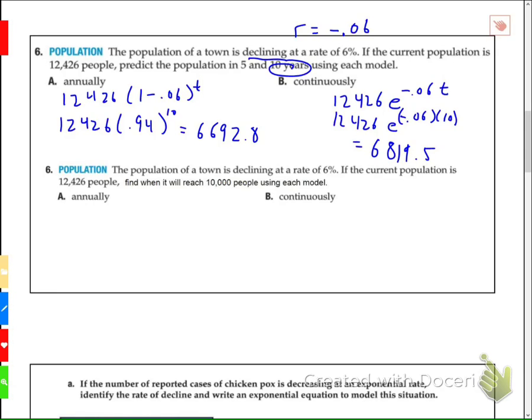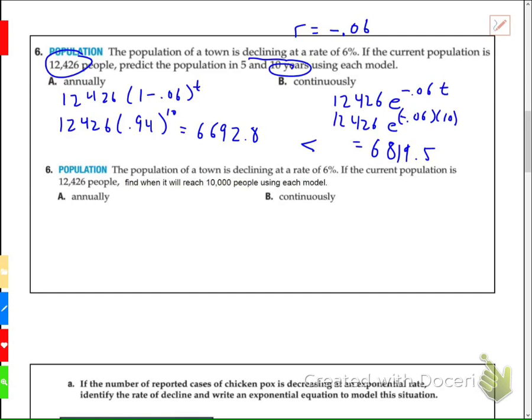Hey, that was also bigger than that, okay? However, remember, we're actually trying to decrease. We're decreasing down from this amount that we started with. So what that means is that the continuous increases faster when you're growing, but it decreases more slowly when you're decreasing. Okay, so that's a good thing to remember.